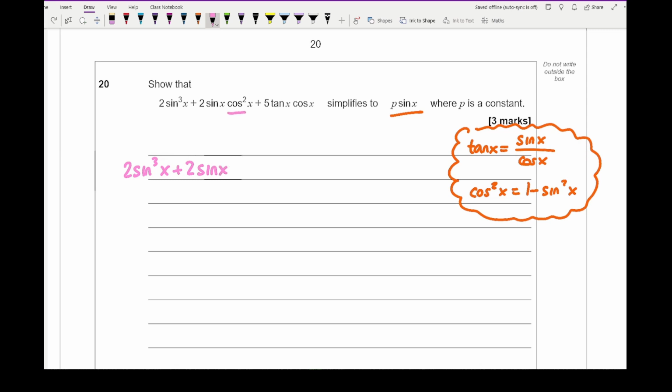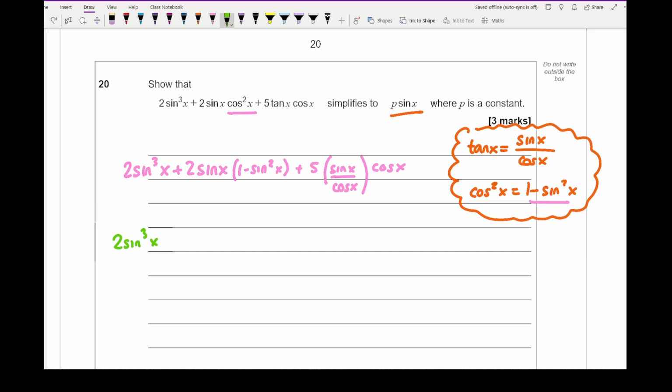Now instead of using cos squared x, I'm going to use this instead, so let's put that in brackets. Plus 5 lots of, instead of writing tan, sine x over cos x, and I've got cos x there. From this, I can't do anything about the first term, so let's just write that out.